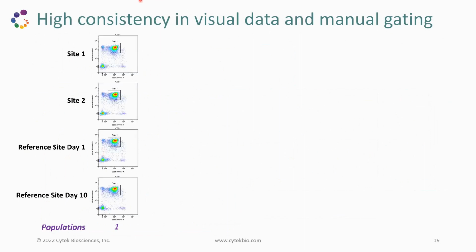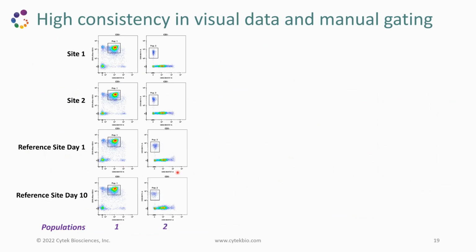So this is one of the populations that we're following, the NK cells, CD56 positive, CD16 positive. And as you can see, by using exactly the same gate without moving it, this population falls exactly in the same place across these 3 sites and across time. And we go with the other populations that we identify.